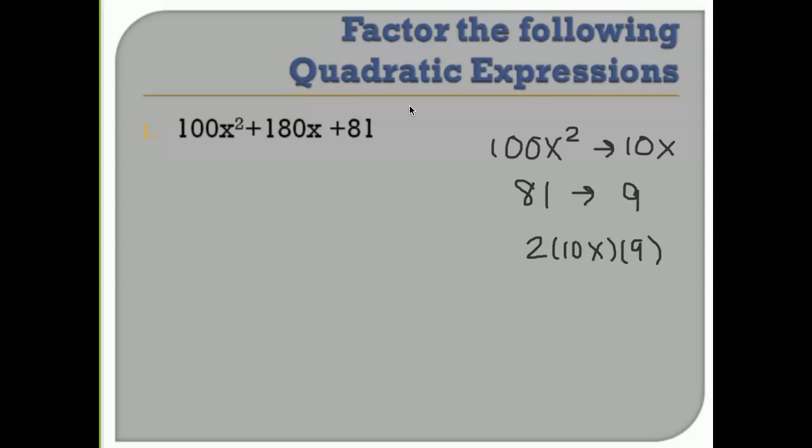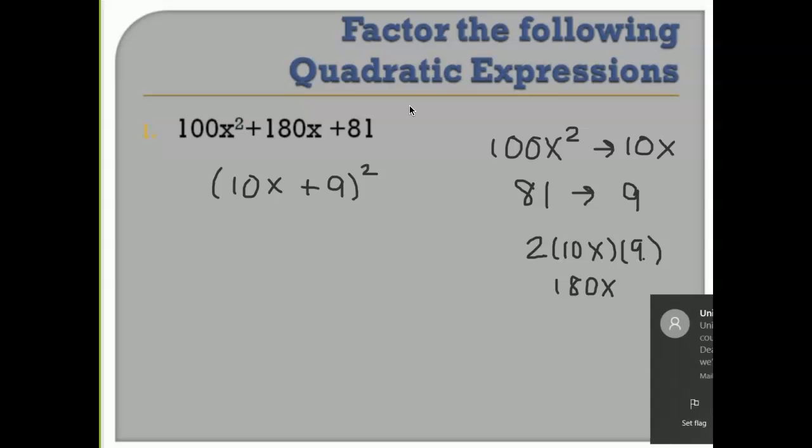So 2 times 9 is 18. 18 times 10 is, in fact, 180x. So this is, in fact, a perfect square trinomial. And it becomes 10x plus 9 squared.